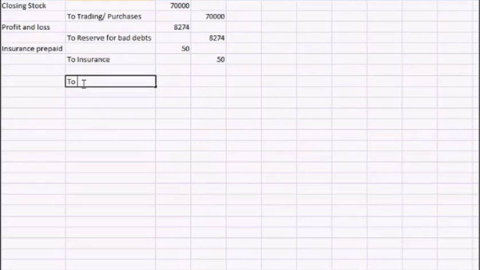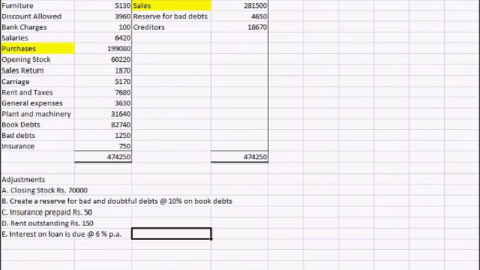So outstanding rent would be on the credit side, and the rent account would be on the debit side, because this is the account which has to be deducted as the amount of 150 has not been paid, still incorporated in the trial balance.